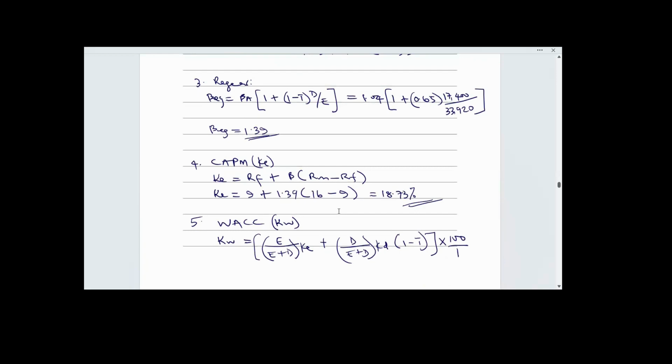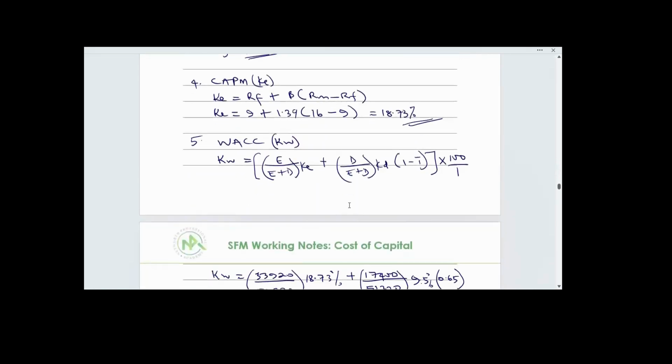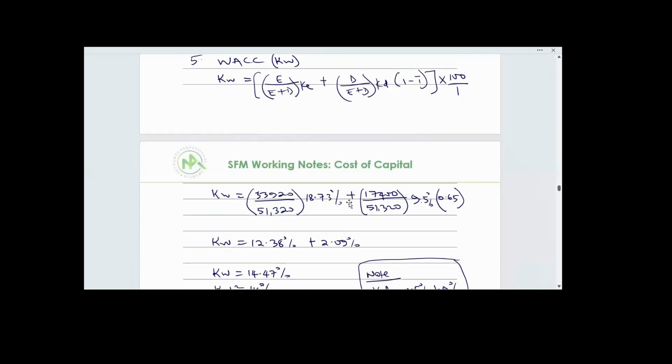Can you see my workbook? Yes, I can see. Go to working number 4, where we have CAPM. Can you see the 18.73? Yes, sir. That's our cost of equity we calculated. All right, thank you, sir. You're welcome.